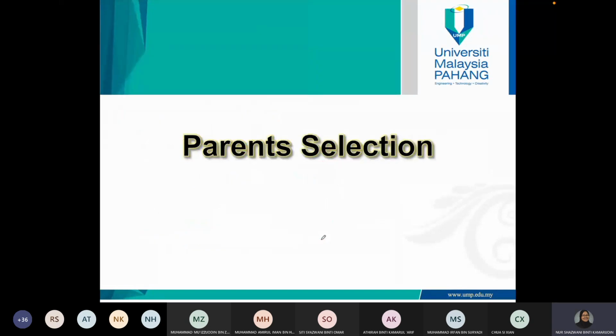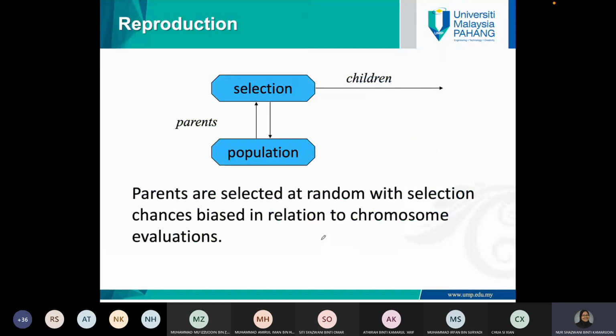Parent selection. Parents are selected at random with selection chances biased in relation to chromosome evaluation. So we will have a population and then we select 2 chromosomes to be the parents in order to generate the children.